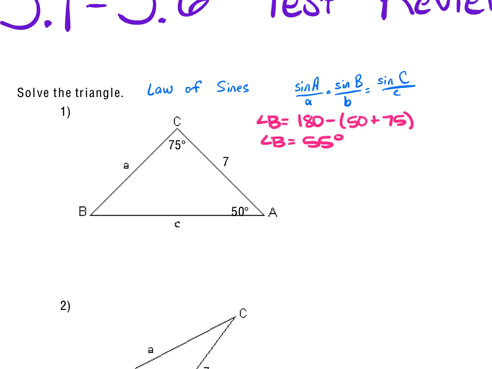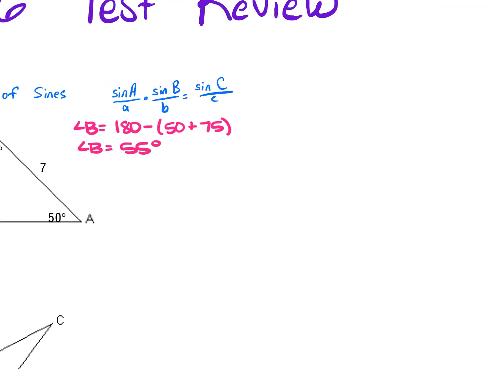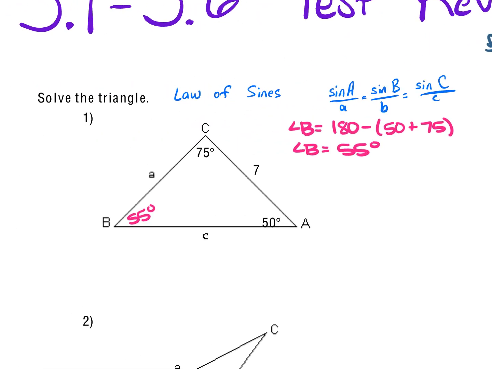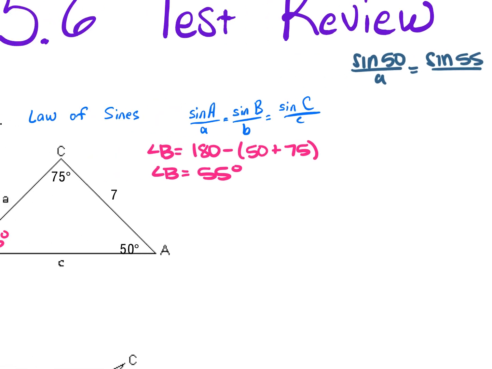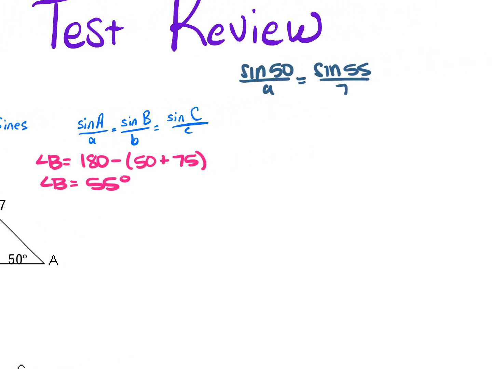From here, we can find side A by using the sine of angle A, which is 50, over A, is equal to the sine of B, which is 55, over side B, which is 7. So we're going to cross multiply this.